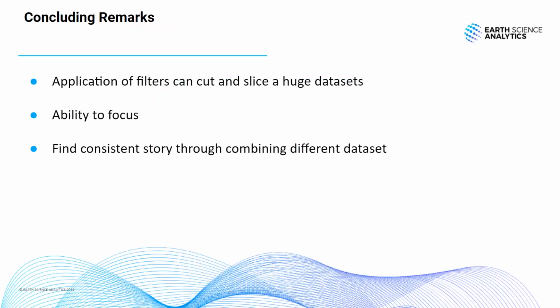You might have core areas, and you can make a sample set for those core areas, and then you can cut and dice that sample set. That's the ability for the geoscientist to focus. And also what we're trying to do is find consistency through combining different data sets. Of course, consistency gives credibility to your observations and to your conclusions.